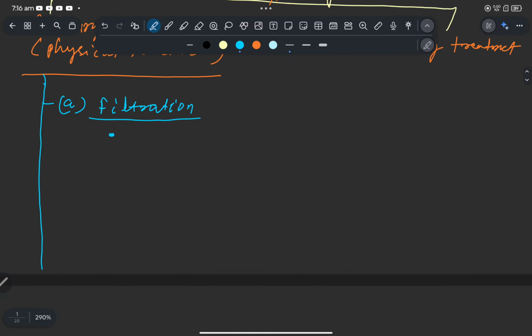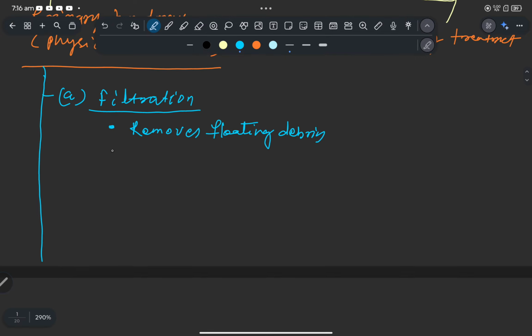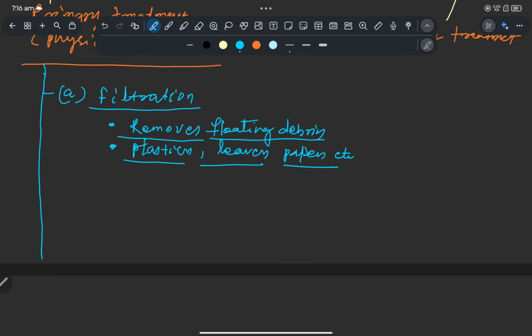By filtration, we remove floating debris like plastics, leaves, papers, etc. So this is the first step.